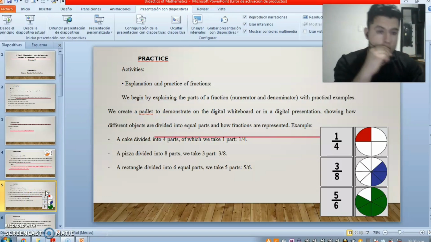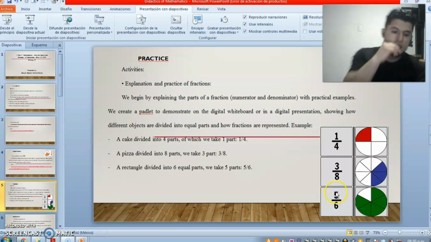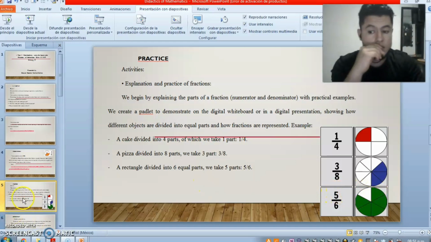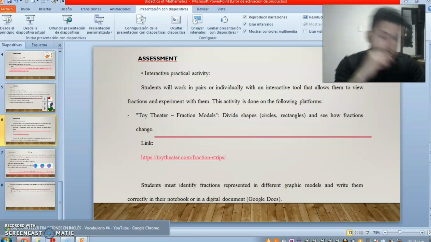If we have a cake divided into 8 parts and we take 3 parts, that's 3/8. If we have a cake divided into 6 parts and we take 5 parts, that's 5/6. Remember.